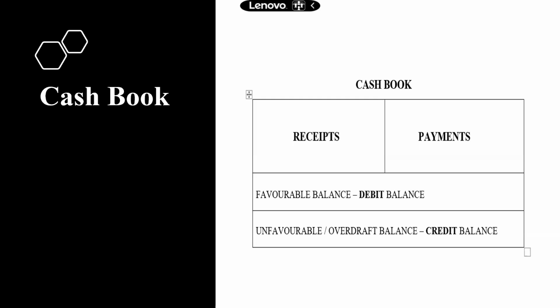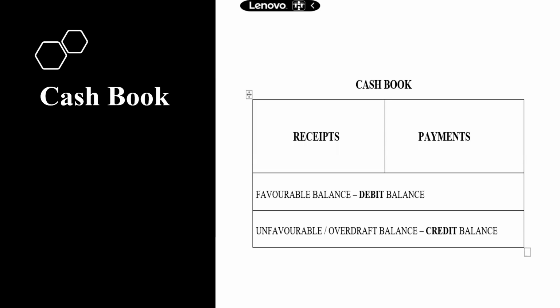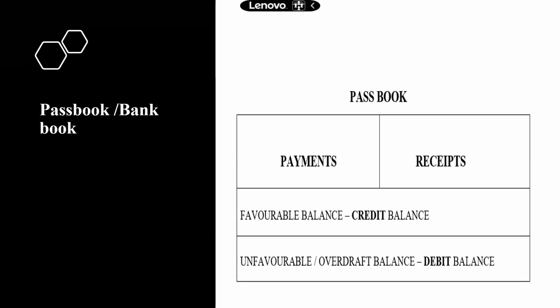Please remember this picture properly. Debit is receipts, credit is payments, favorable or normal balance is debit balance, unfavorable or overdraft balance is the credit balance. Right?